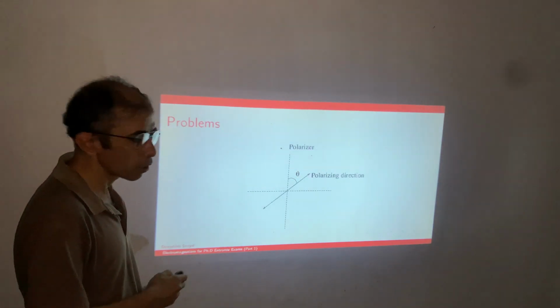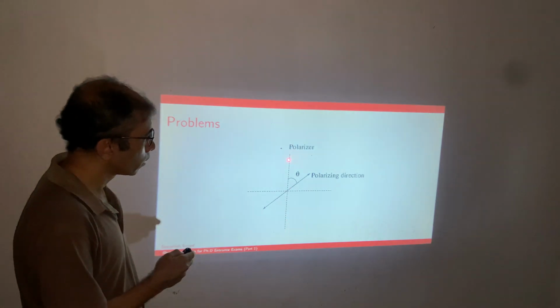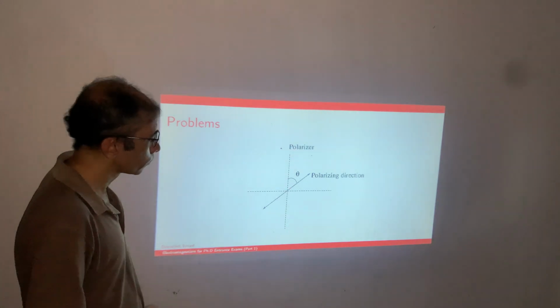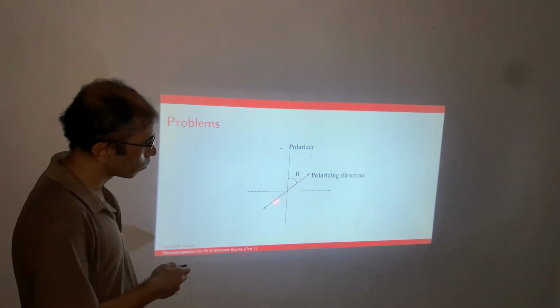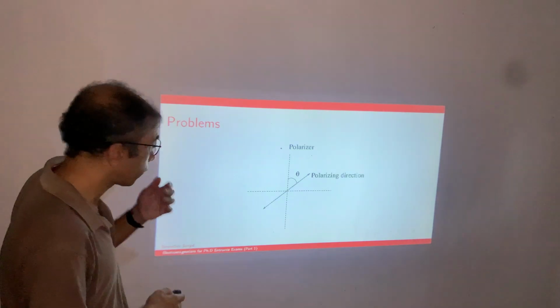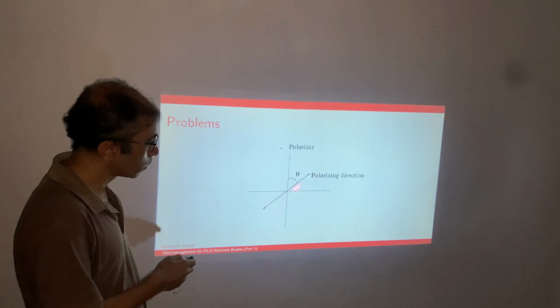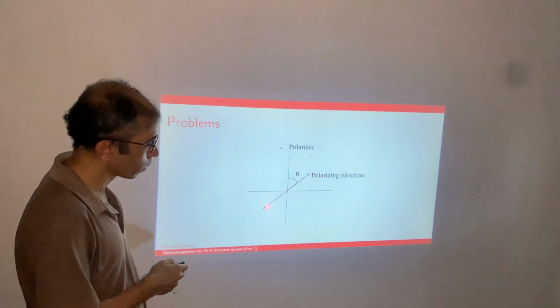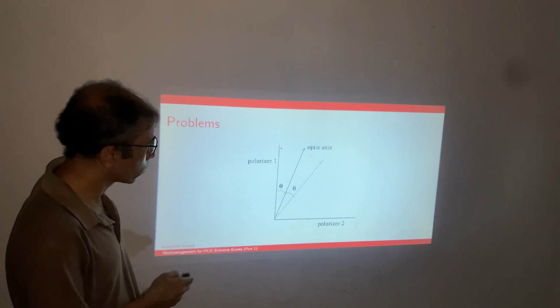So initially we have unpolarized light, and this is my first polarizer. Then we have the half wave plate, and this is the optic axis. Sorry, let's go to this.